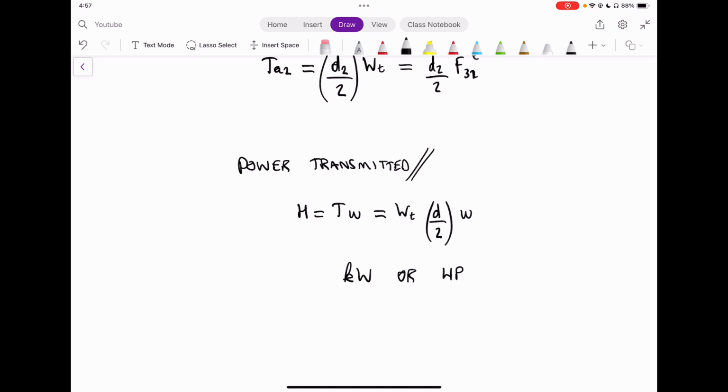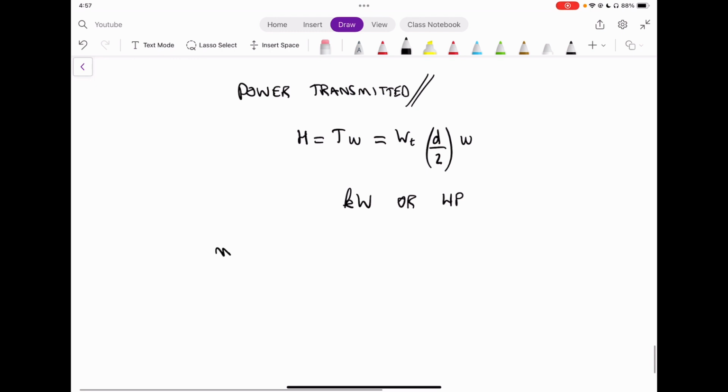So another thing that we can write is that meshed gears in general have 2% power loss max. So that means that if you have a good set of gears, you're only going to lose around 2% of power from one gear to the next.